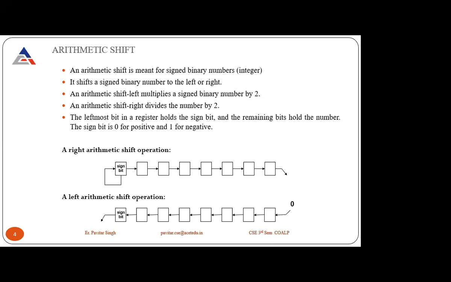Again it is for 10, and for 5 bits, a 0 will be inserted from this side. Let's see the example for plus 10. For plus 10, this value will be 0, 1, 0, 1, 0, right? So this is your sign bit.